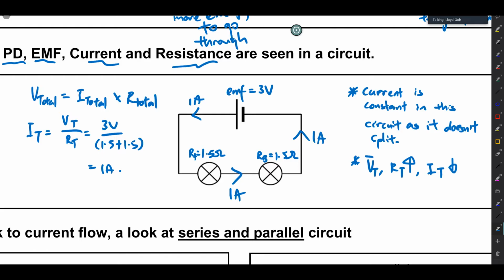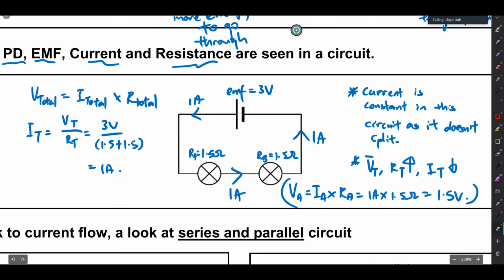Now the next thing we want to find out is how much potential difference this is taking and this is taking. Knowing that current is the same throughout, we can just do a simple calculation. V_A equals I_A times R_A, which is 1 ampere times 1.5 ohm, which gives us 1.5 volt.